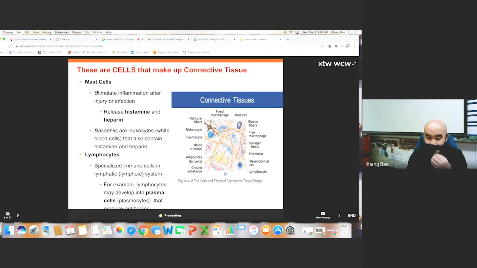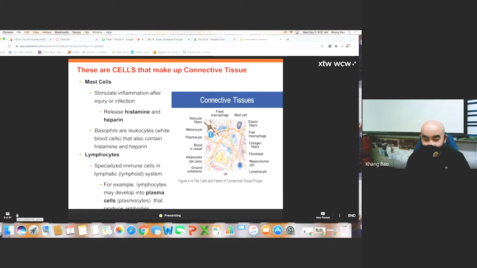You also have mast cell. This is to release histamine, which is to stimulate white blood cells and blood to come to that area. All right. And then you also have lymphocyte, which has to do with the immune system. These don't make up a lot of the connective tissue, so that's why we're skipping a little fast.